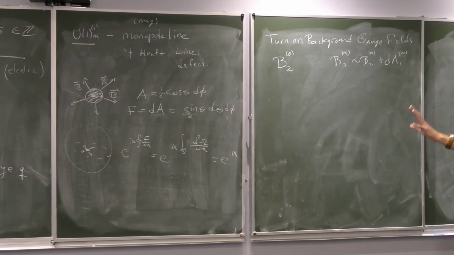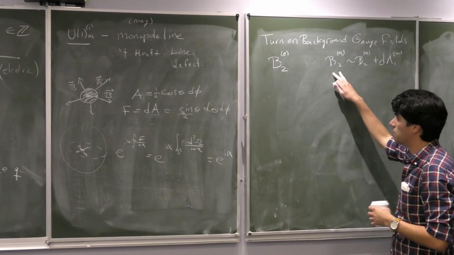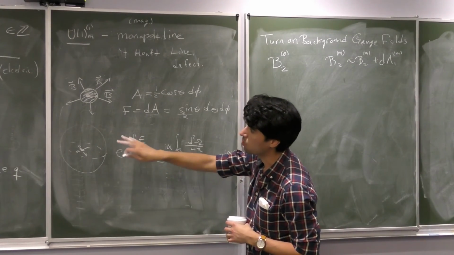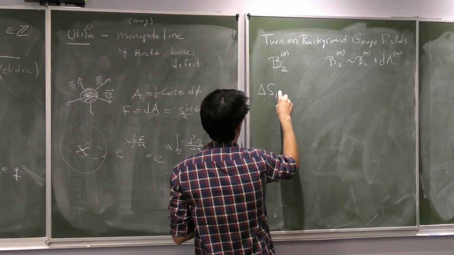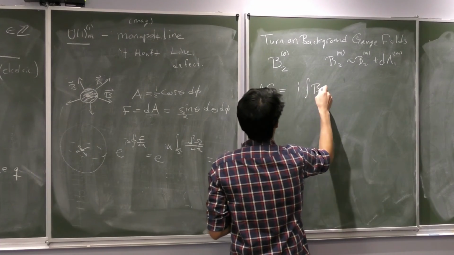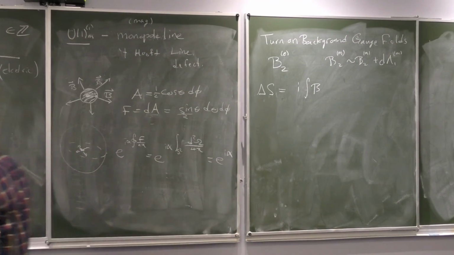If you follow our prescription for how you couple to background gauge fields, you would find that to the action you add two terms. So you add i times, again, I actually lied to you over here, there's another i here.